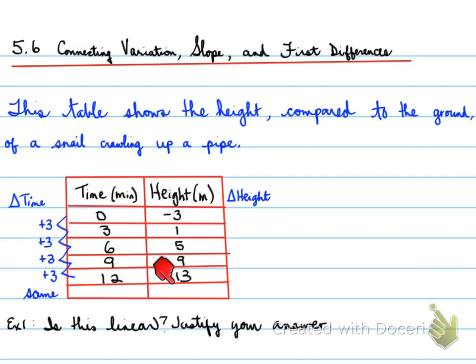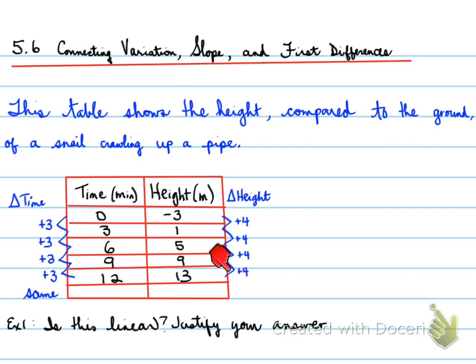That gives us permission to go to the other side and determine delta height. How are the height values changing? That is, delta height from -3 to 1 is +4. From 1 to 5 is +4. From 5 to 9 is +4. And finally, from 9 to 13 is +4.